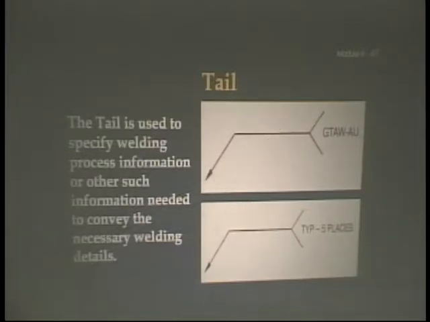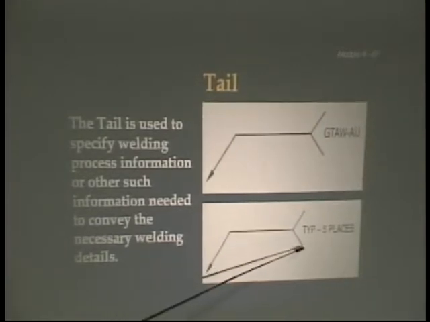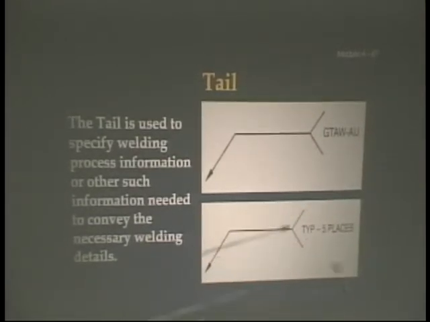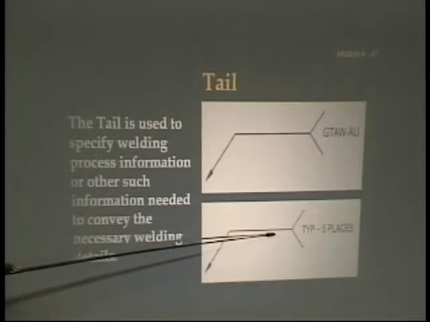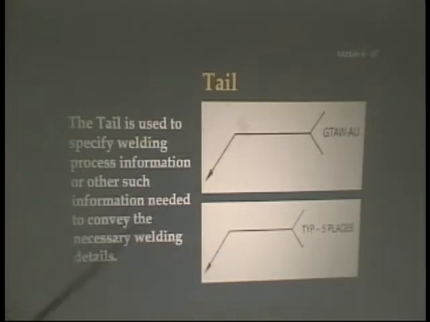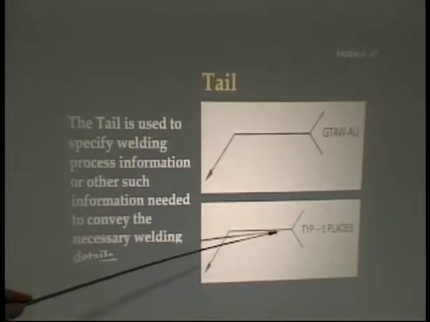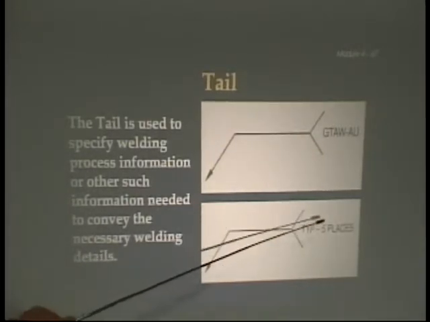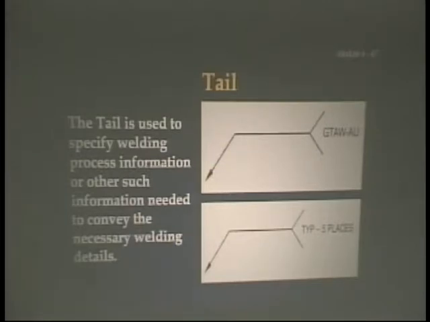Here they want us to do it with automatic TIG instead of stick. Down here it says TYP-5 places. TYP stands for typical. Typical in 5 places. So if we had a fillet weld symbol here and a dimension mark, we would know that they want us to make a fillet weld, half-inch fillet weld, whatever, in 5 places.